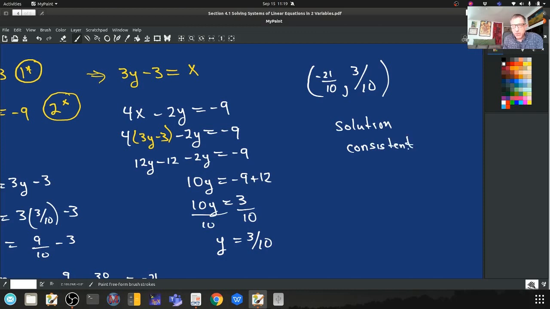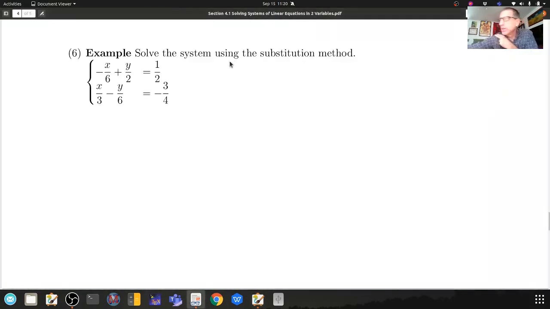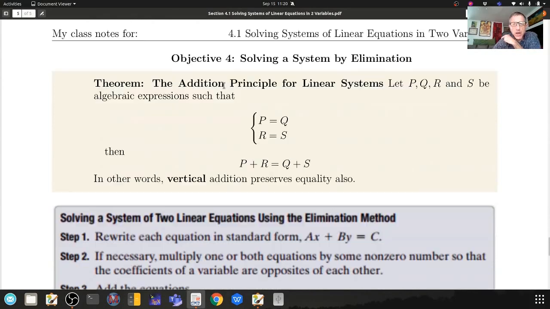And the equations are independent. How do I know that? Because I would have an infinite number of solutions if they were dependent. So let's take a look at another example.